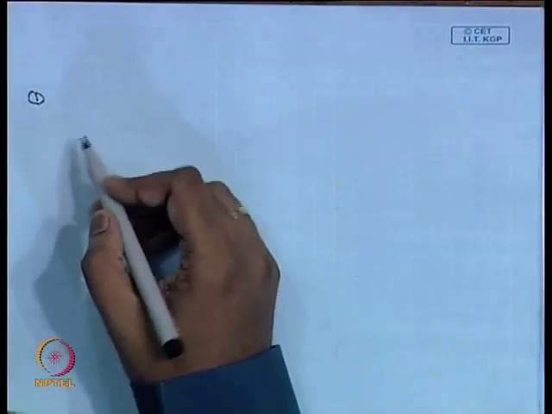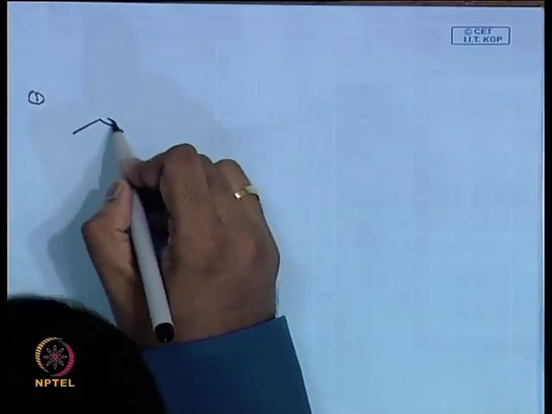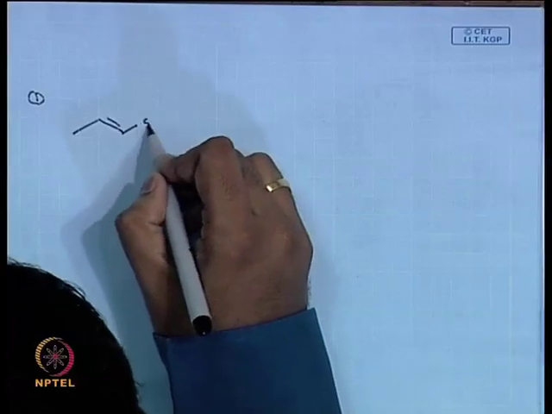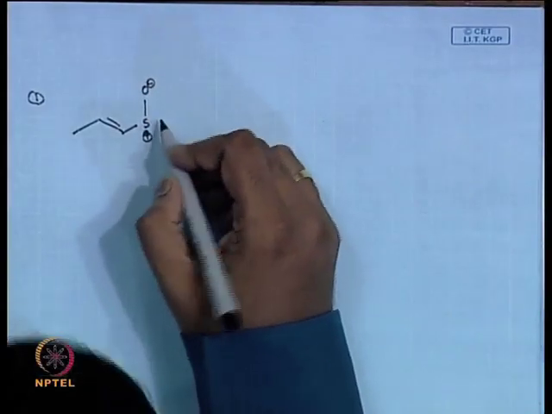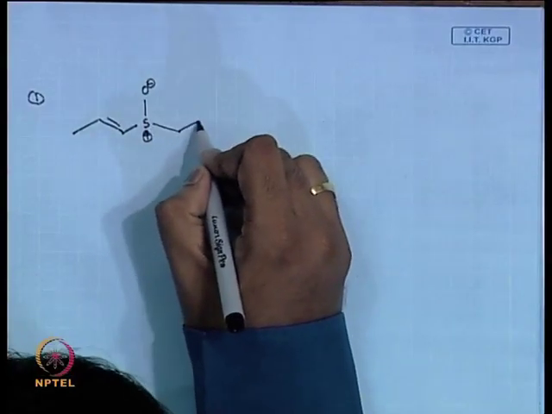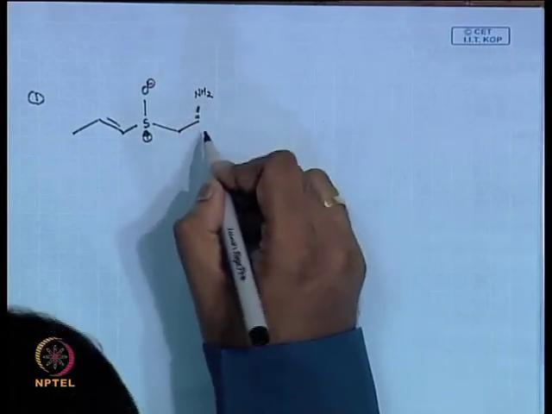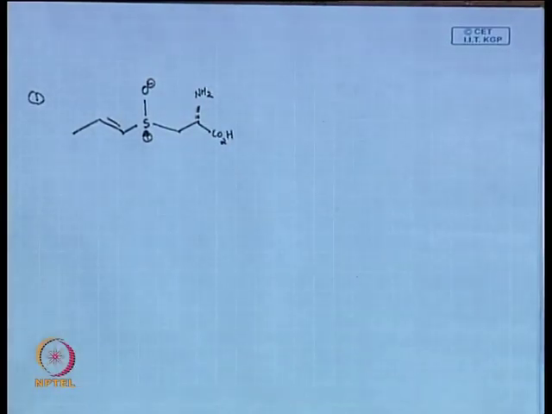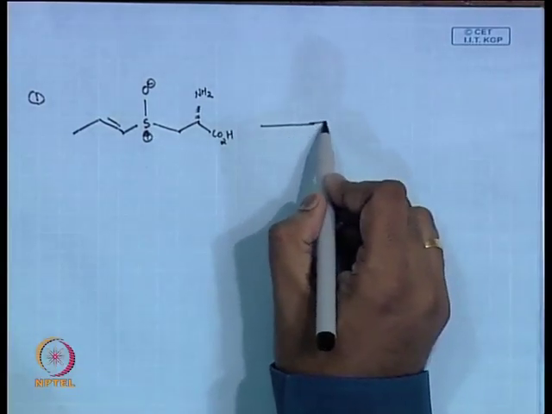See, if you take an ordinary onion and you chop it, in the onion you get this compound, with O minus, S plus. When you chop the onion, this whole thing happens.